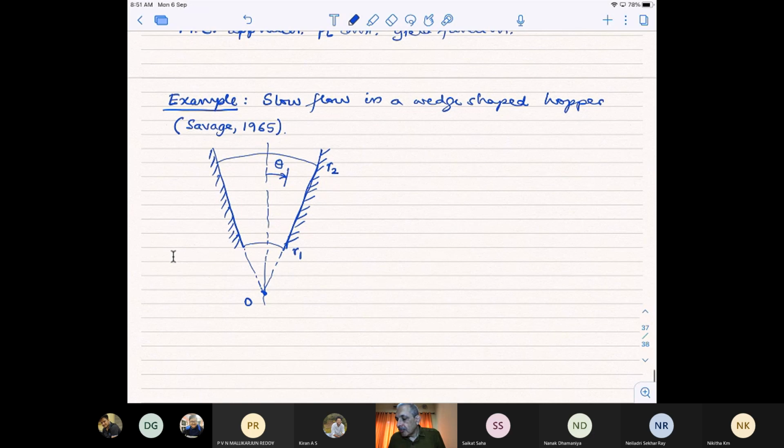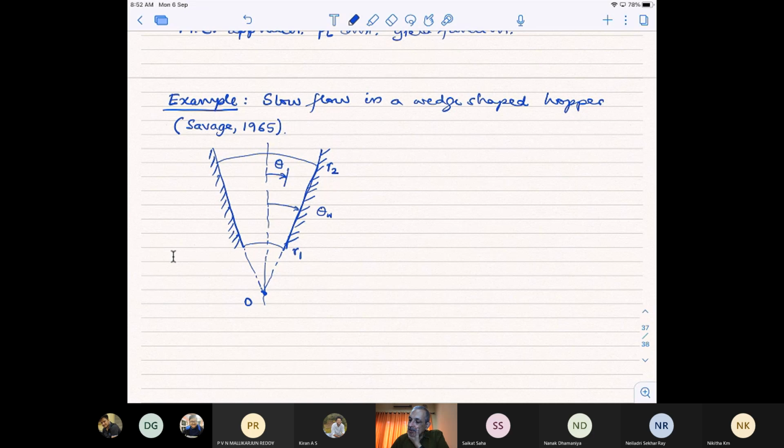And let's suppose the full angle over here is theta w.